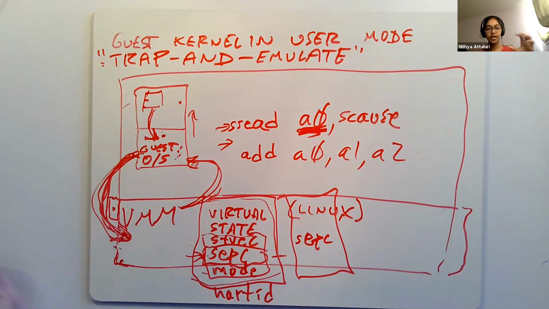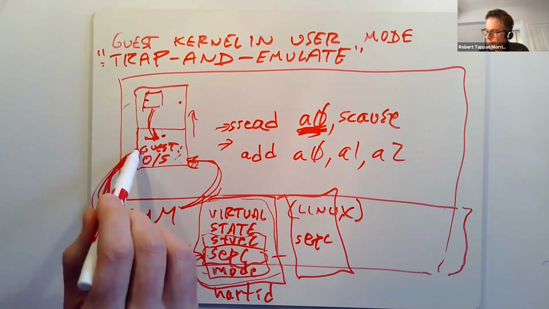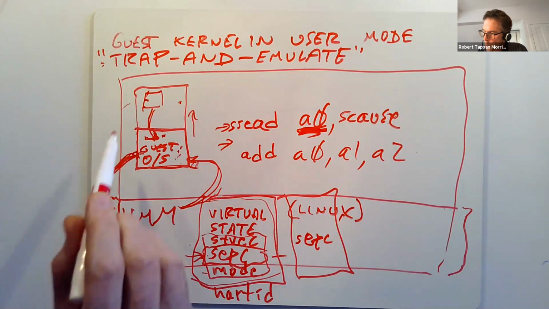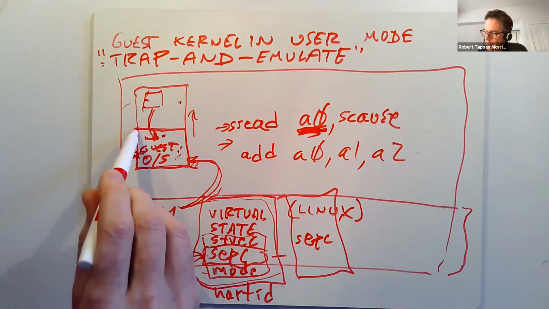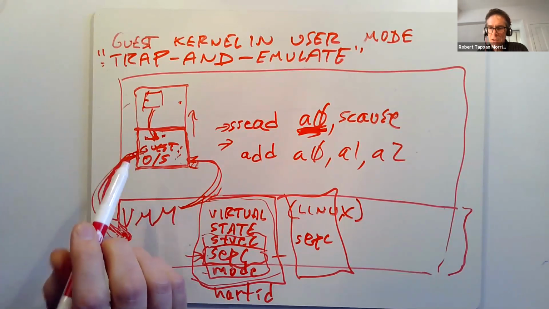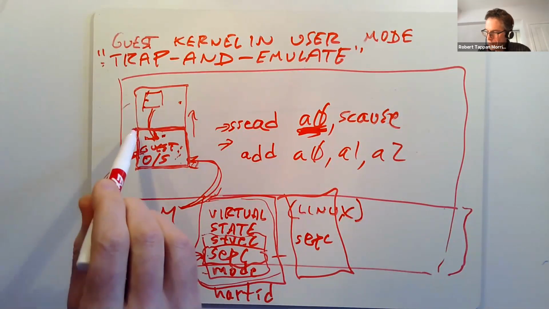Okay, so is there a semblance of user mode and kernel mode in the guest OS? Yes, the guest operating system is unchanged. So what we're running up here is exactly the Linux kernel or exactly the XV6 kernel. And of course, the XV6 kernel knows it's running in supervisor mode. Of course, it's not really, but as far as the code is concerned, it's just definitely running in supervisor mode.